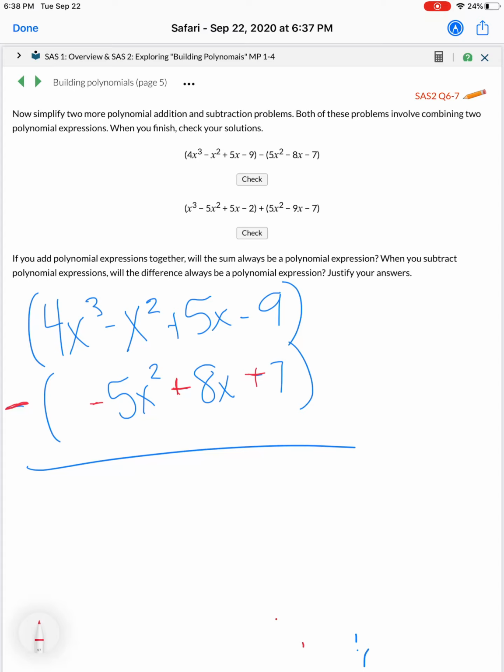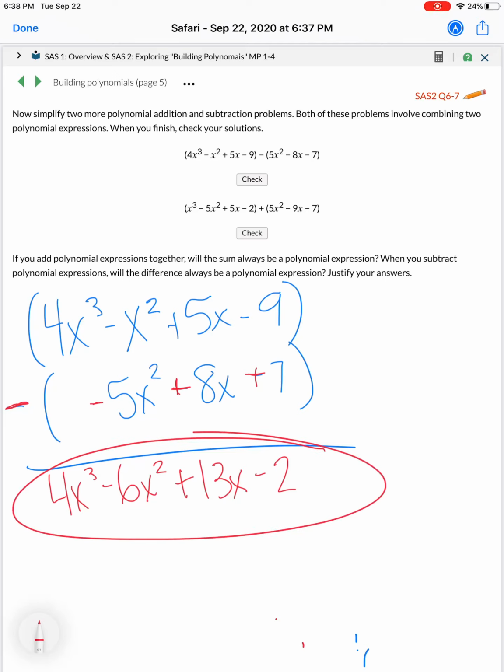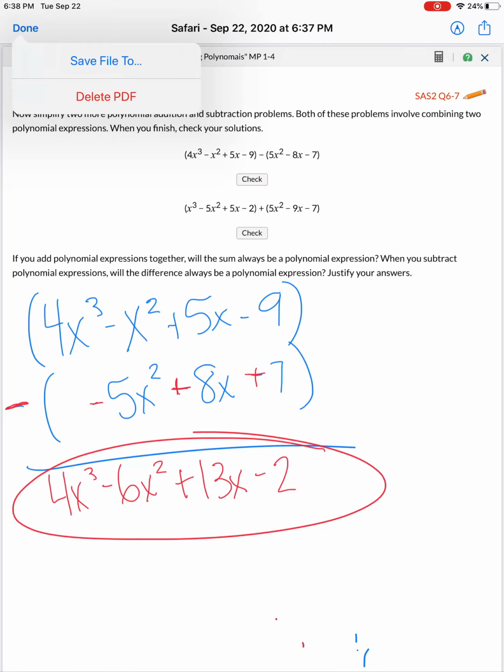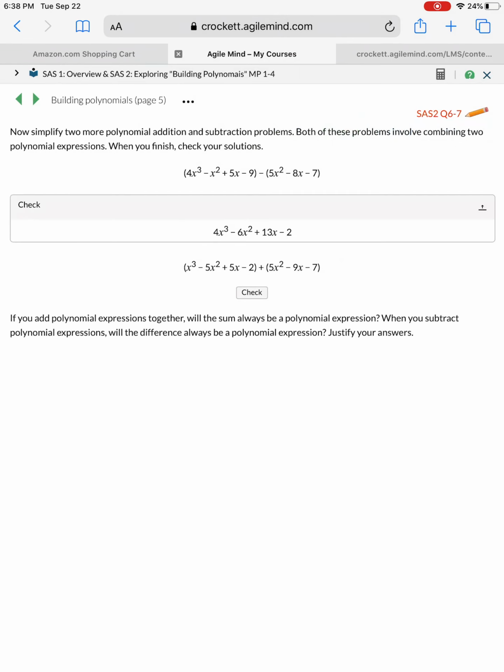So now we say negative 9 plus 7 is a negative 2. 5x plus 8x is a positive 13x. A negative x squared minus a 5x squared is a negative 6x squared. And since we don't have anything for 4x cubed, we are simply just bringing it down to be 4x cubed. This will be my answer.